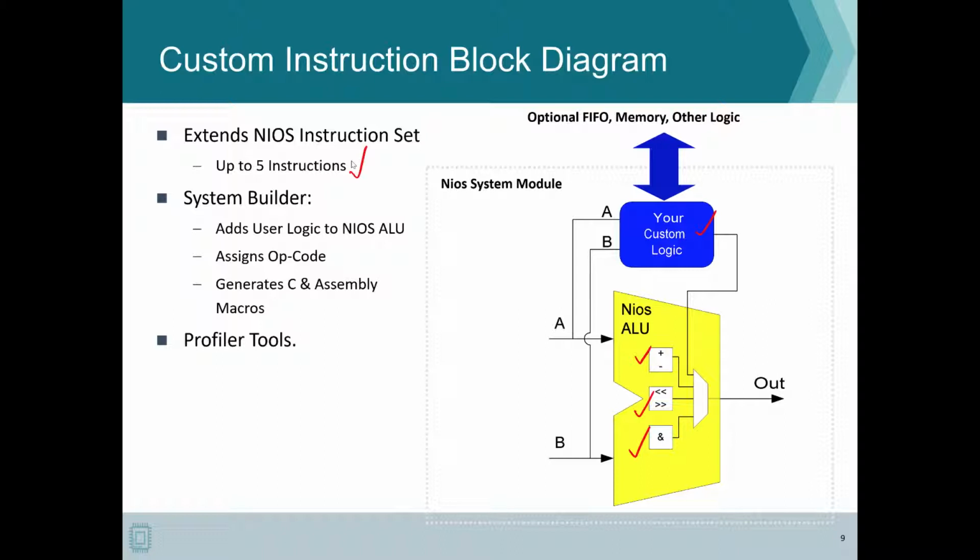We can also generate C and assembly macros for your custom logic and include them as part of your design. The Qsys system also provides you with a profiler tool to estimate the delay or latencies of instruction execution.